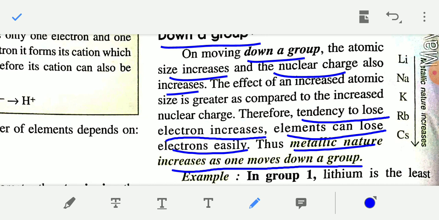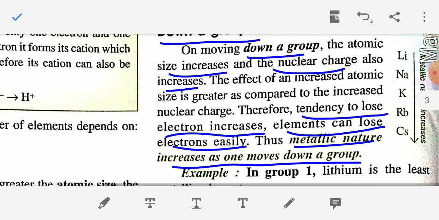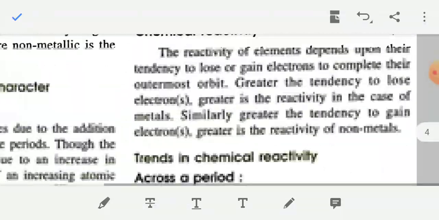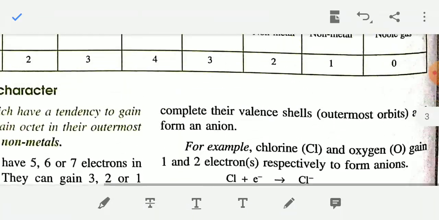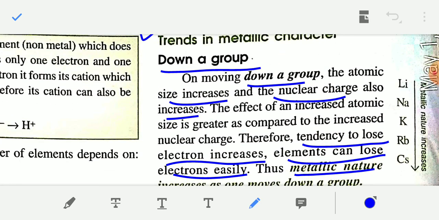So remember, down a group the metallic character of elements increases. You can see here, in group 1, from lithium to cesium, metallic character increases, because size increases, the force of attraction between the nucleus and the outermost electron decreases, and the elements can lose their electron easily.